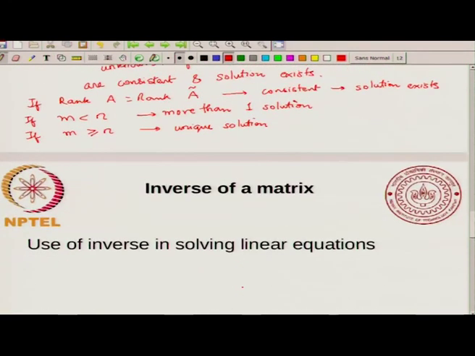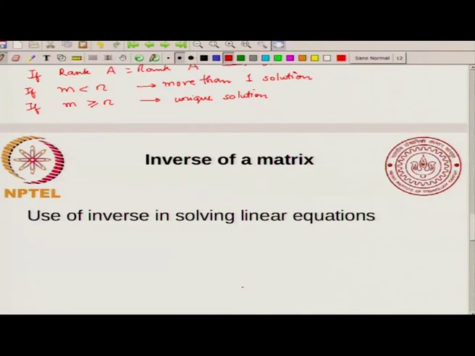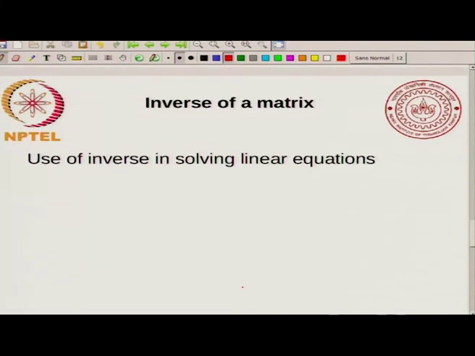Now the next thing I want to talk about is the inverse of a matrix and how we use the inverse of a matrix in solving linear equations. We had already seen earlier that if you have a matrix A, then A inverse is called the inverse of A, and A inverse A equals I. Again we will restrict to square matrices.